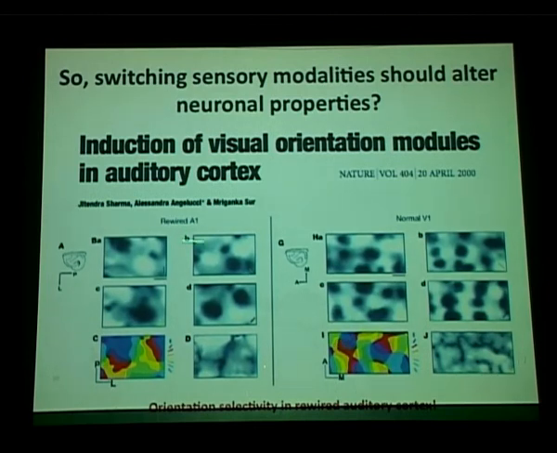Normally you wouldn't have such structures in the auditory cortex, but if you rewire and map the visual input onto the auditory neurons, which now get a new statistics of inputs, you start getting orientation selectivity. You also get pinwheels and linear zones, all the things that you see here start appearing in the auditory cortex. So that is one way of experimentally showing this.